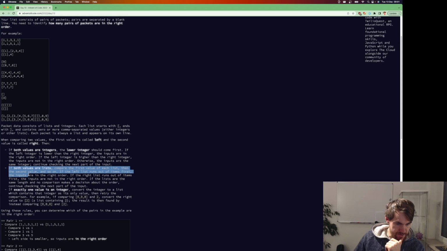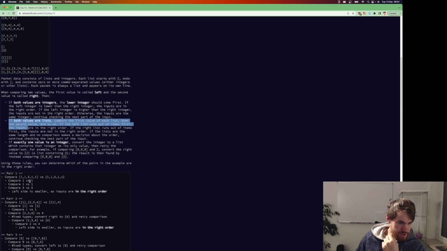If the right list runs out of items first, the inputs are not in the right order. If the lists are the same length and no comparison makes a decision about the order, continue checking the next part of the inputs. If exactly one value is an integer, convert the integer to a list which contains that integer.